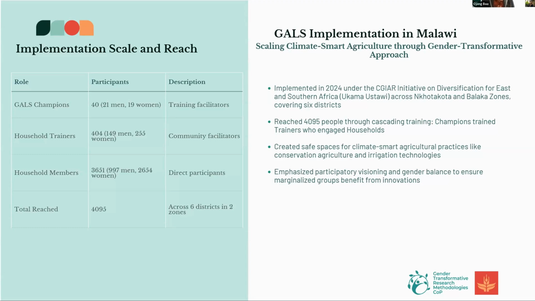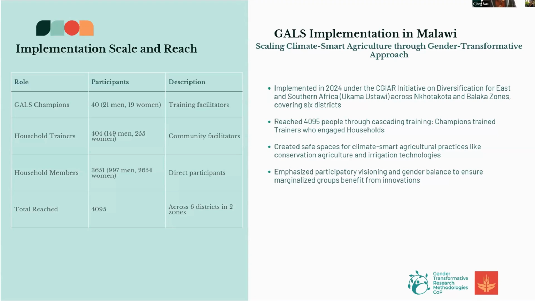And so we followed this approach, had participants, and at the end of that process, we reached about 4,095 households in the communities. We started with a cascading approach where we identified GALS champions, and these champions were about 40. They became our training facilitators, and they were made up of traditional leaders, extension officers, lead farmers, and a couple of other farmers.